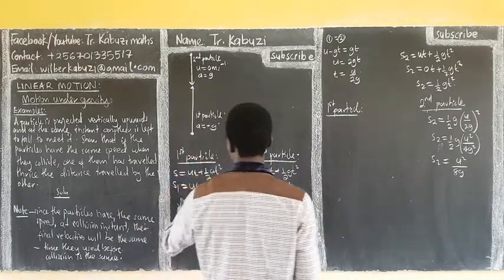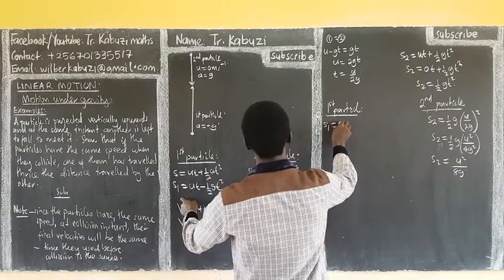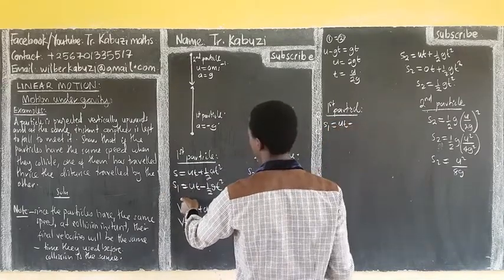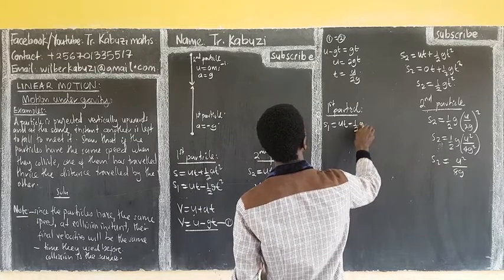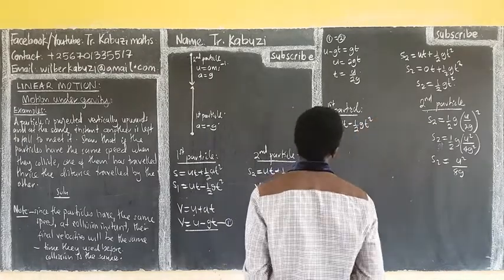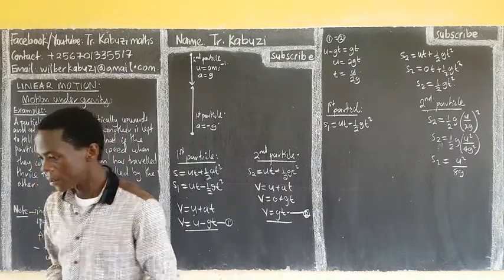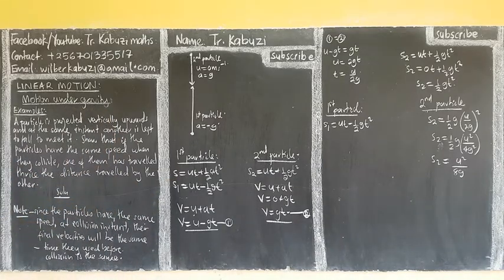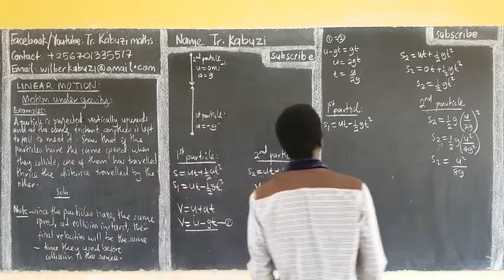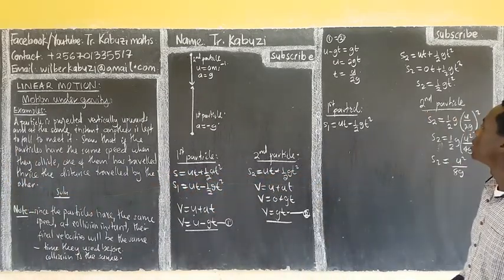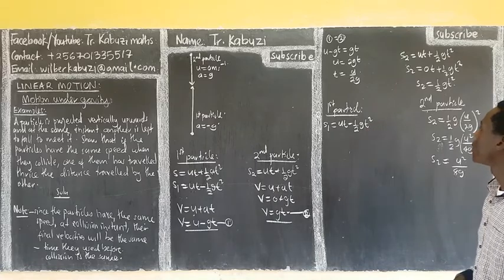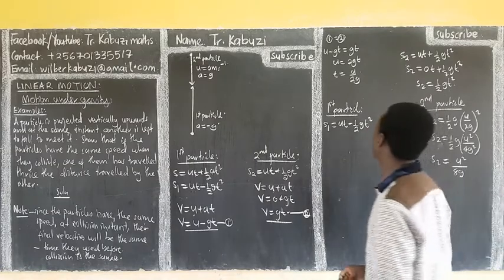Now for the first particle, our S1 is going to be ut minus a half gt squared. Now, can you substitute? I'm given t, so we can substitute.